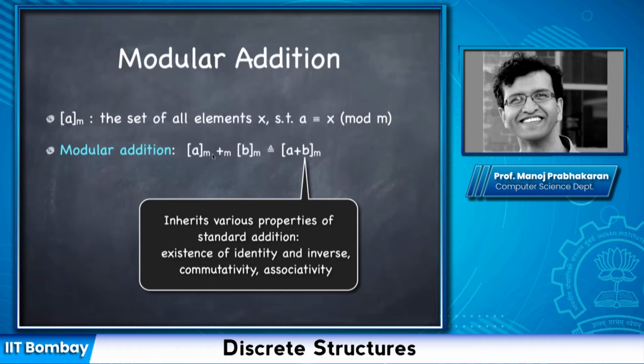So these two summations, column a plus column b or column b plus column a, will give you the same value. So it's commutative. Similarly, it's associative. So all the nice properties you're used to for addition are inherited by modular addition.